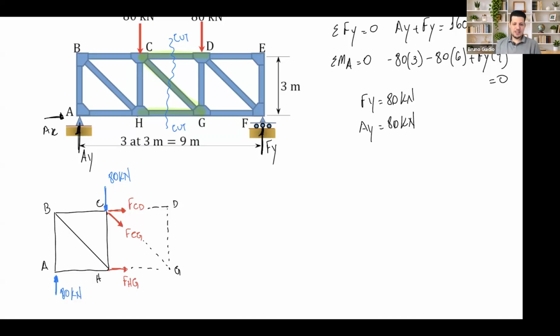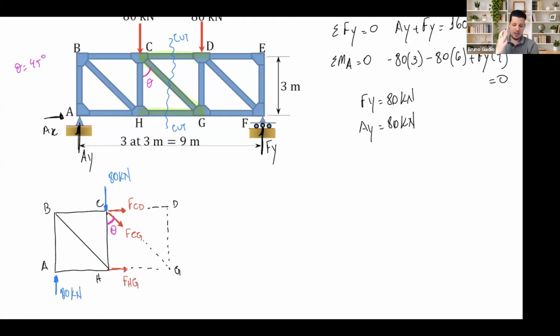I see FCG is inclined, so let's quickly discuss the angle theta. This is 3, 3, so 45, 45. Those angles here are 45 degrees.